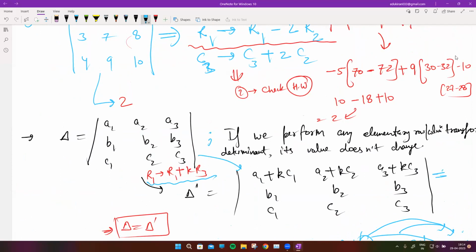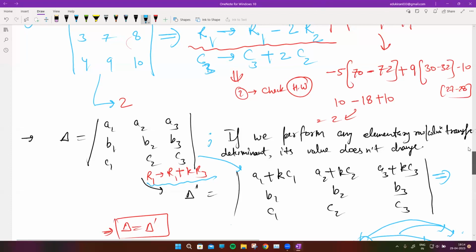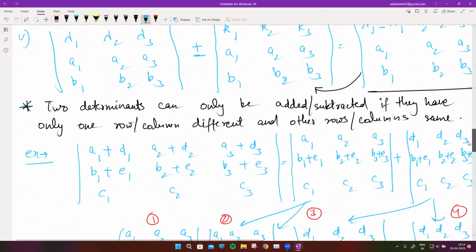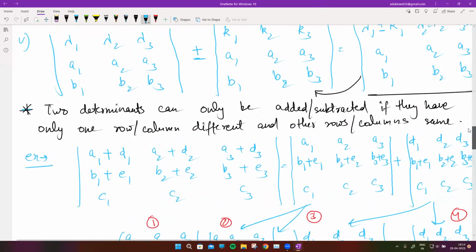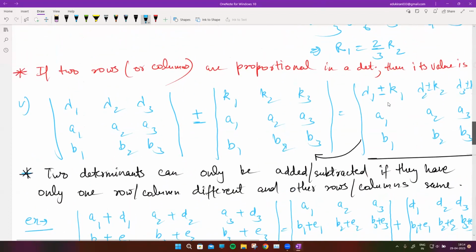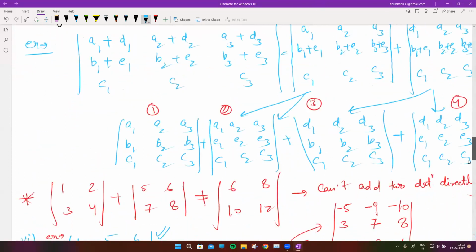Now, using the fifth property, which says when you can add and when you can subtract two determinants, how can you even reduce a determinant into this form? I have shown by this arrow. So you can write a determinant into this addition or into this subtraction as well, right? Now we are applying property 5 into property 6.